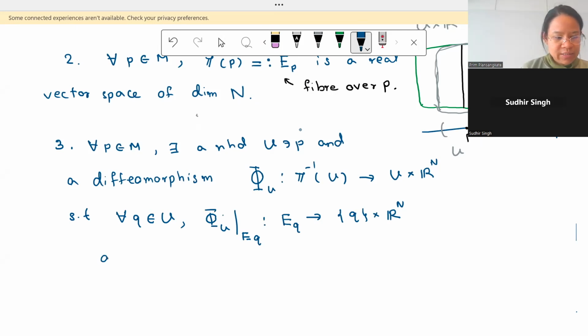And it is an isomorphism, because this is a vector space, it's isomorphic to Rn. So this is an R-linear isomorphism.